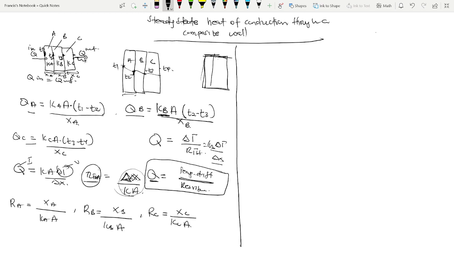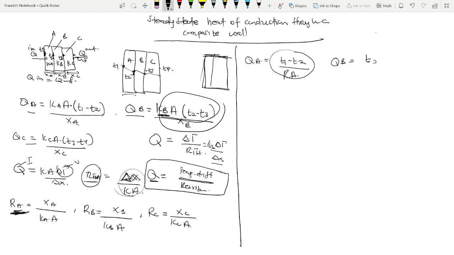So now we can also see that our QA will now be T1 minus T2 all over our RA here, right? Because we are saying our Q is equal to temperature difference by the resistance. So if this is our temperature difference, then our resistance will be RA. Then our QB will also now be T2 minus T3 all over RB, right?